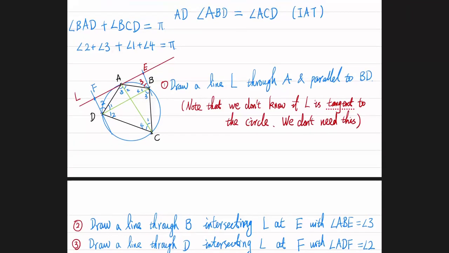Now we have this identity: angle 1, angle 2, angle 3, and angle 4 equals pi. What does it tell us about the two lines, BE and DF?